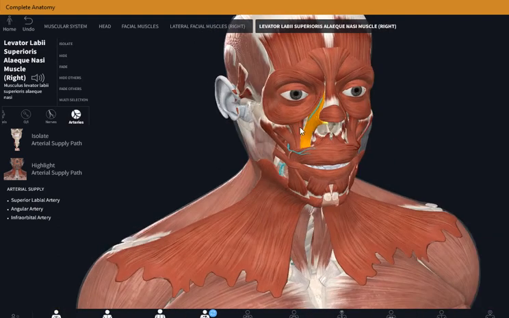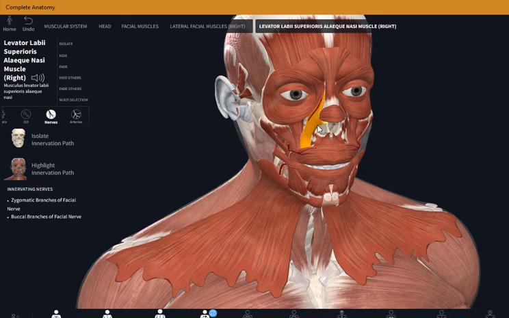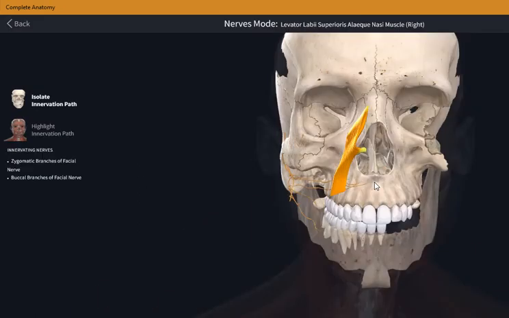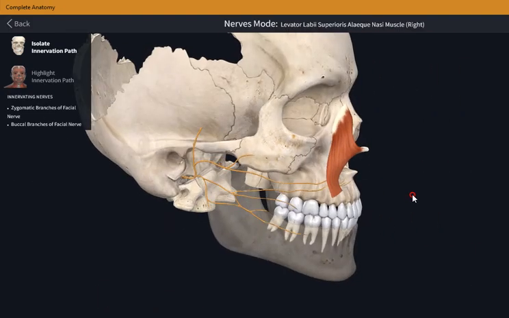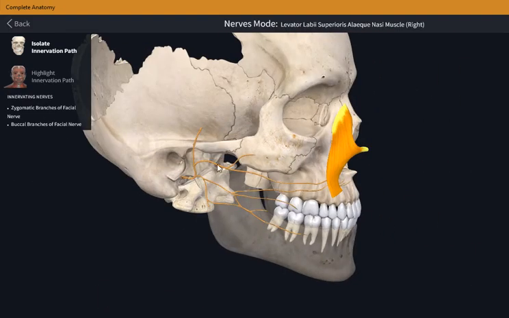Now to see the nervous supply, we see the origin here. The muscle originates at the lower part of the orbital plate and inserts into the skin at this portion. Now we isolate to find the nerve. The nervous supply is, number one, the zygomatic part, and number two, the buccal part.